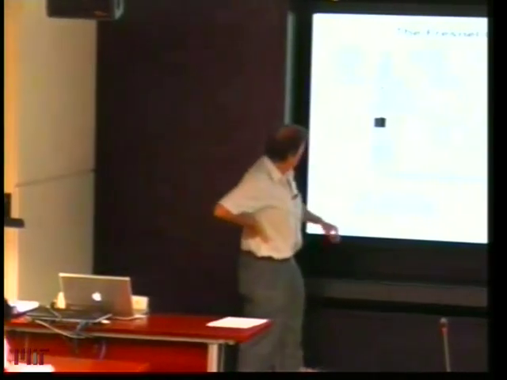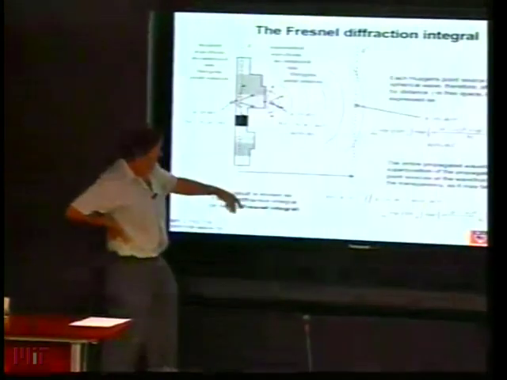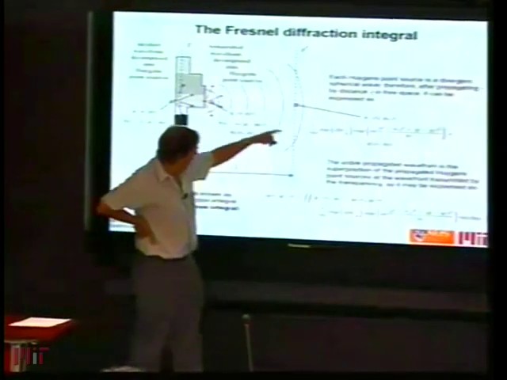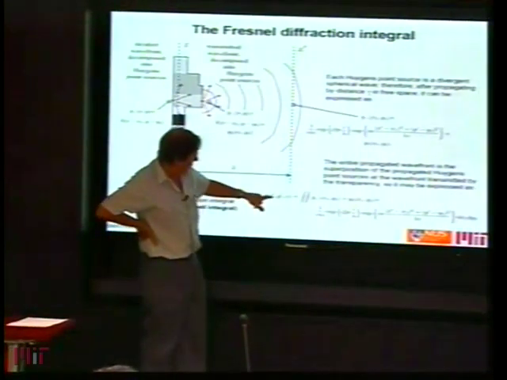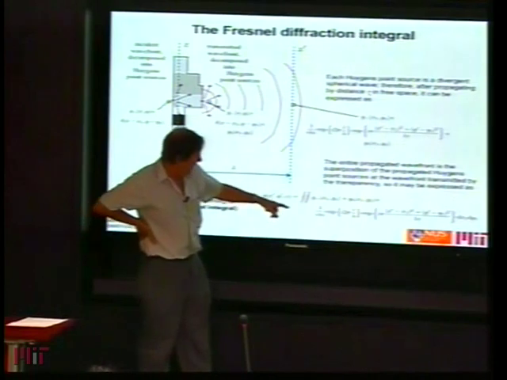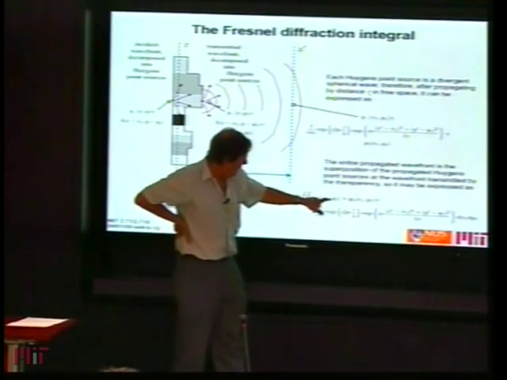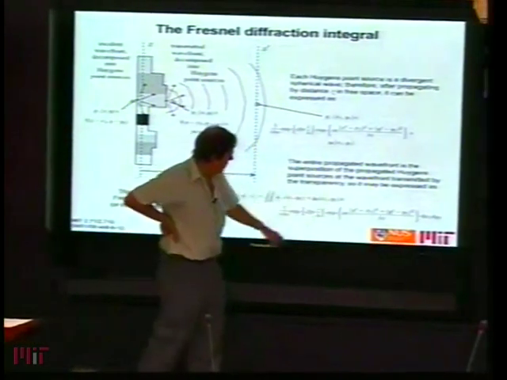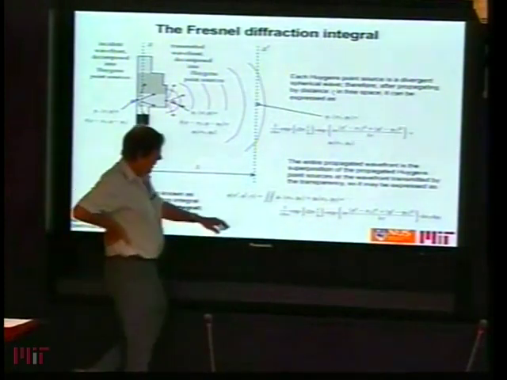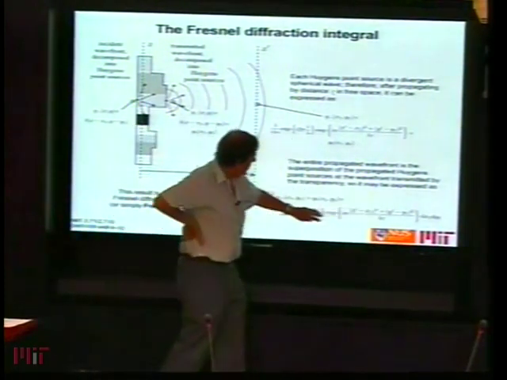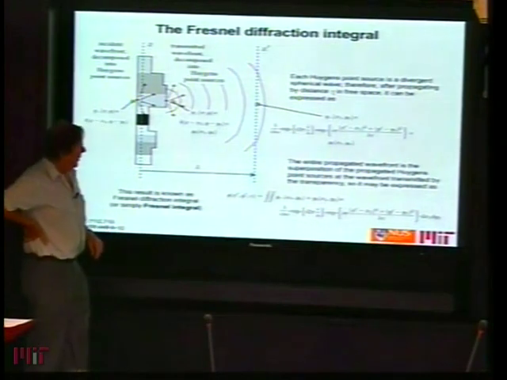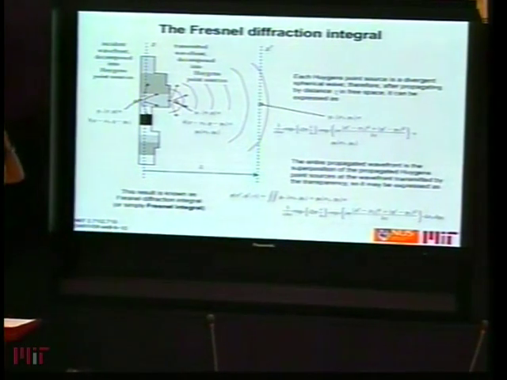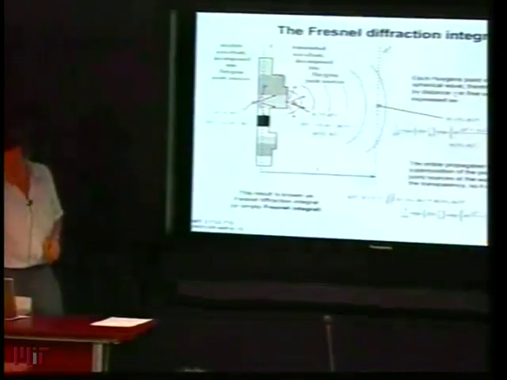And now we integrate over all of these, and the final result for the amplitude we'll see on the screen is given by this expression. So this is the incident wave, this is the transmission of the screen, and this is the bit that describes the propagation of the spherical waves according to the Fresnel approximation.